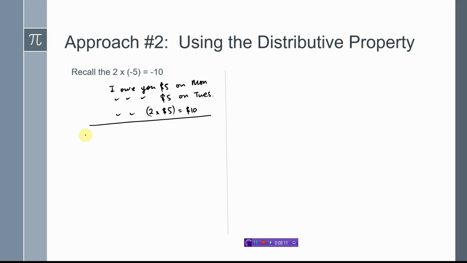All right. One of the things that we do know is that if I have minus 5 plus 5, an opposite plus itself, this would be equal to 0. So let's look at putting this in a bracket. Anything I do to one side, I'm going to do to the other. So if I multiply both sides by 2, then of course the right-hand side gives me 0.